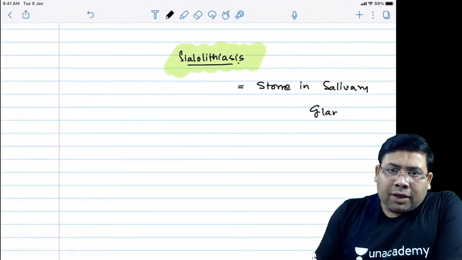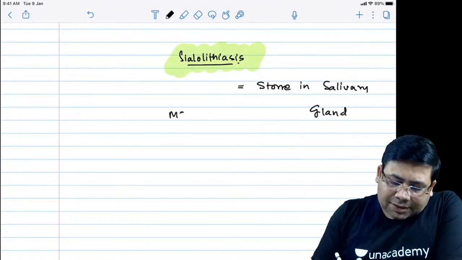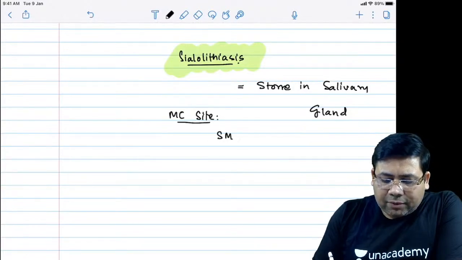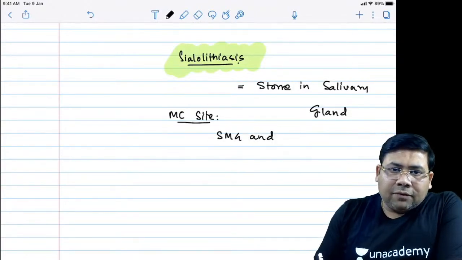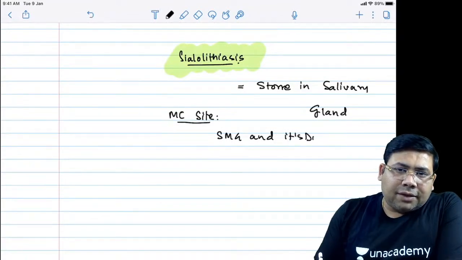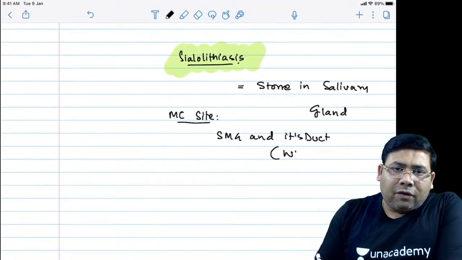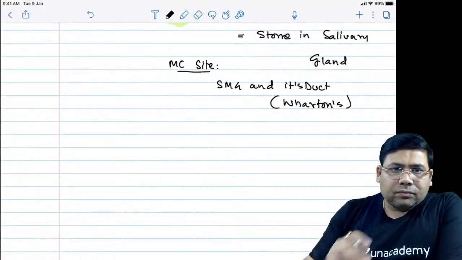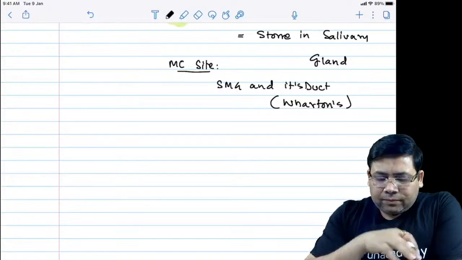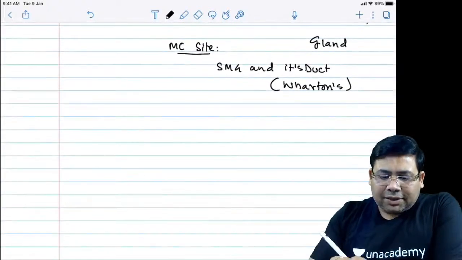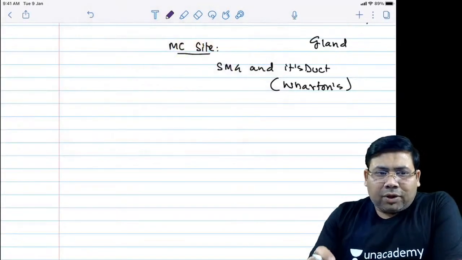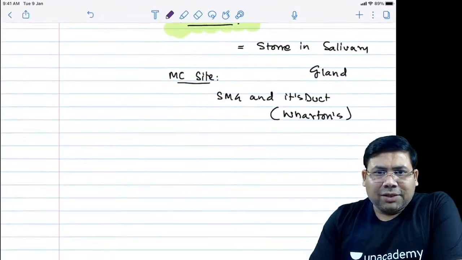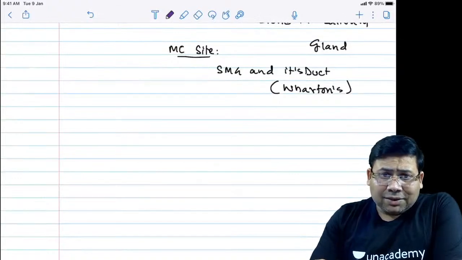Do you know that the most common site is the submandibular gland and its Wharton's duct? What is the name of this duct? Wharton's duct. Now, what are the important things in this sialolithiasis?